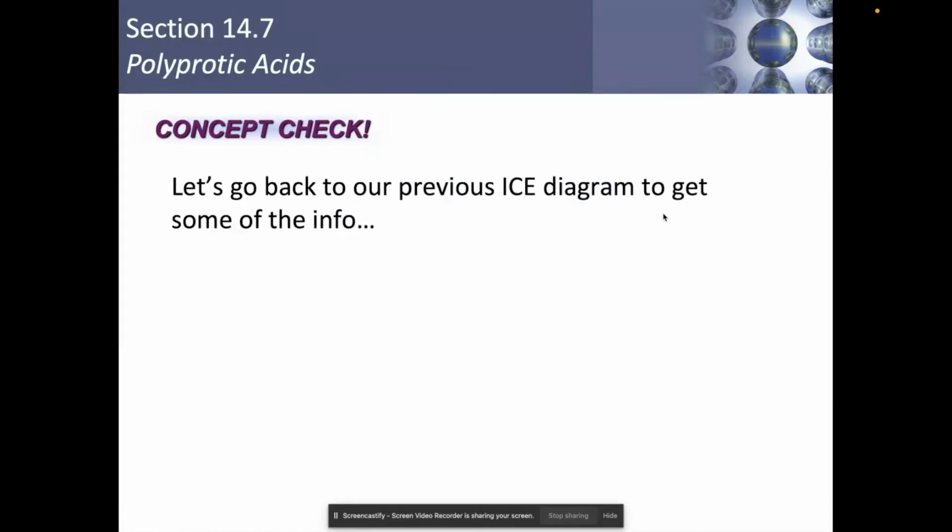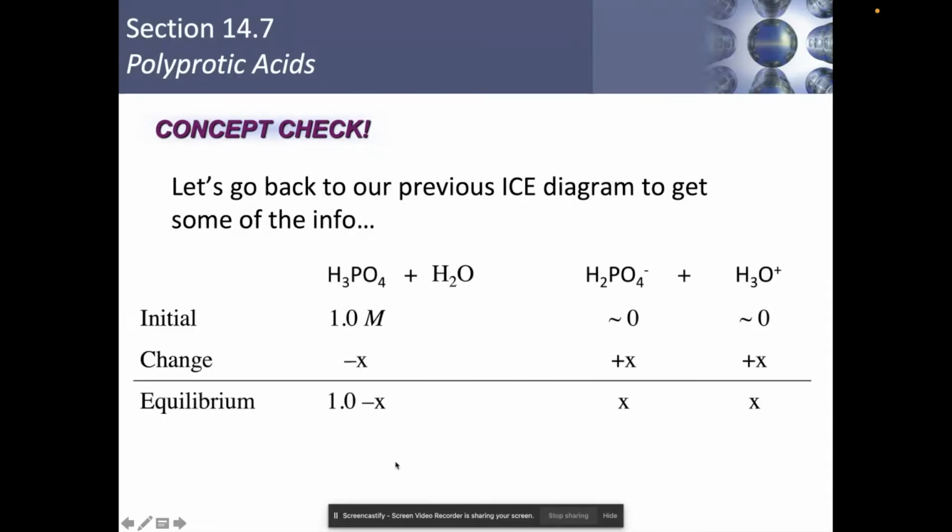Okay, so let's go back to our previous ICE diagram because that gives us our X. Remember this is what we had on our previous slide. The conjugate base becomes our conjugate acid for our next step. So really I need to know the amount of this, and that was 0.0866.